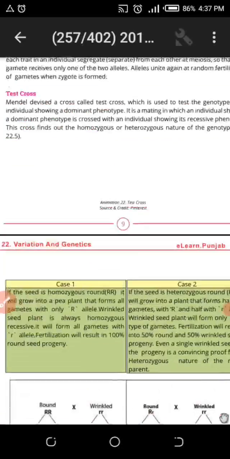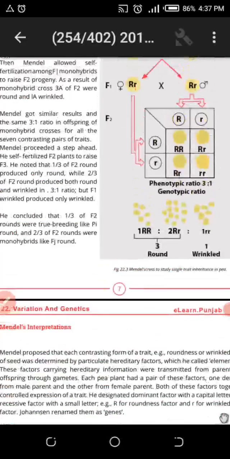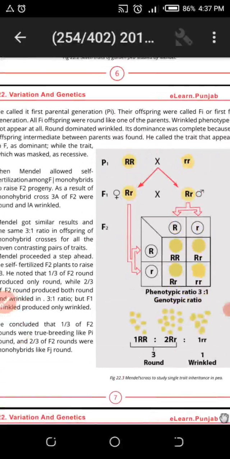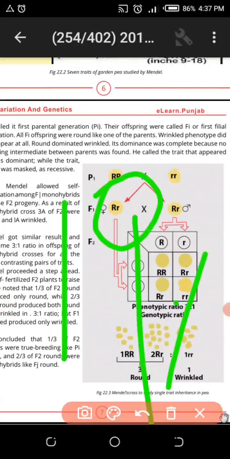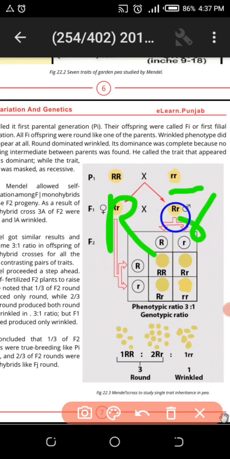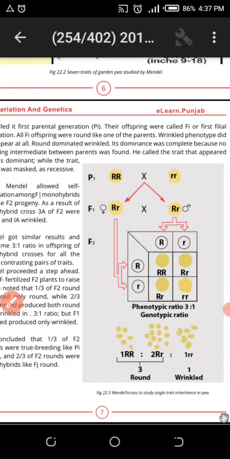mutation takes place. In the law of segregation, which was very simple, he used only one gene pair. You can see capital R was the round shaped seed of the pea plant, small r, wrinkled shape, and capital R was the gamete, small r was the gamete. They both combined and the generation formed, capital R, small r, which was monohybrid.